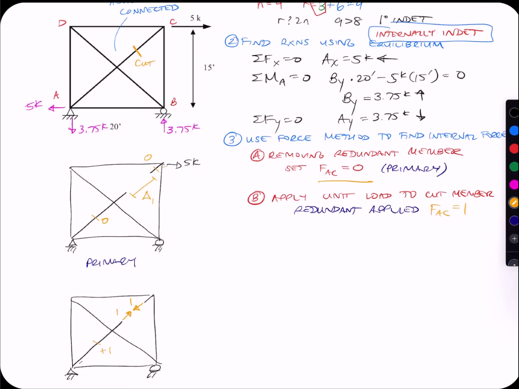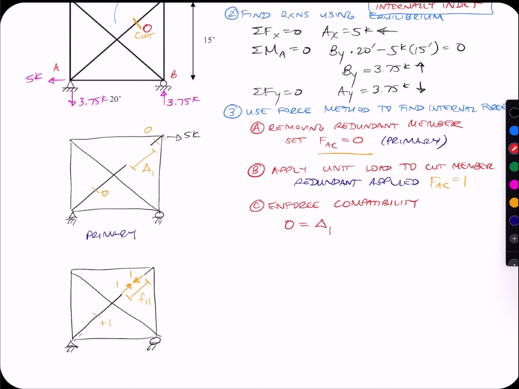So now I have these two pieces that have been separated, and I've put a load in there that is now pulling them back together, so that could close the gap or even overlap the gap. That is my F11. But what I know is that in my real structure, there is no actual gap in that member, right? That member is one continuous piece. So here at the cut, the deflection there is actually 0. In my primary structure, it's delta 1.